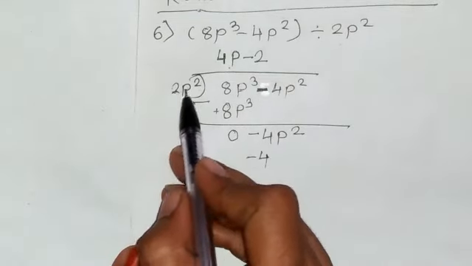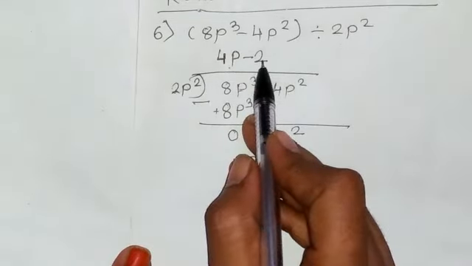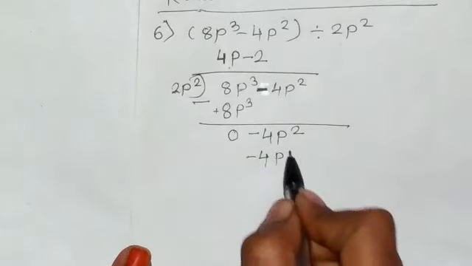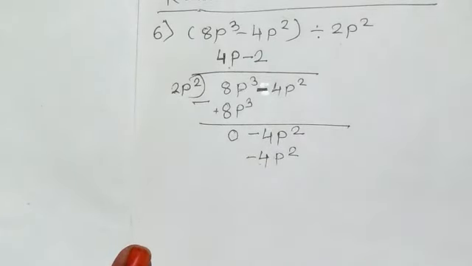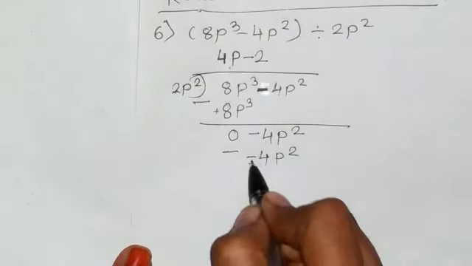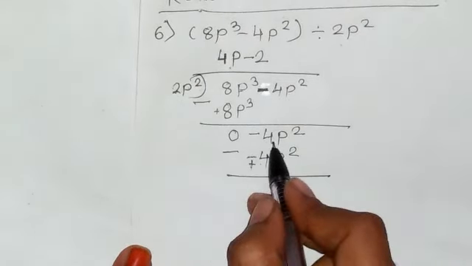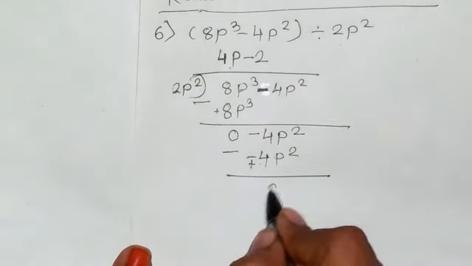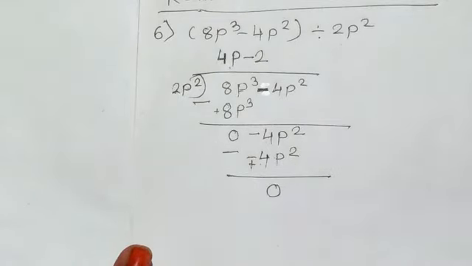So this 2p square multiplied by 2 gives the answer 4p square. Got it, students? This minus will become plus now. Negative 4p square plus 4p square, the answer will be 0.